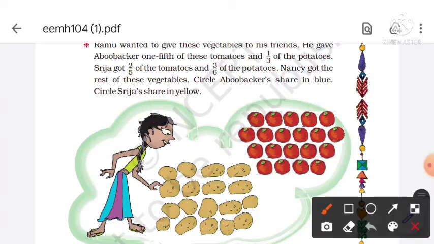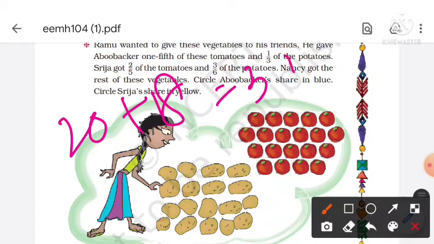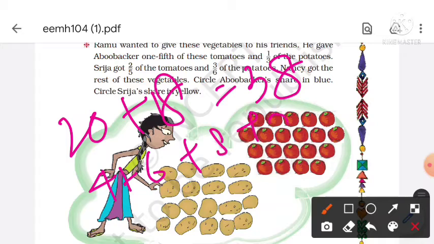So now we have to find out for Nancy. Nancy got the rest of the vegetables. So total number of vegetables including potatoes and tomatoes equal to 20 plus 18, that is 38. Number of vegetables got by Abu Bakr and Srija will be 4 plus 6 plus 8 plus 9.